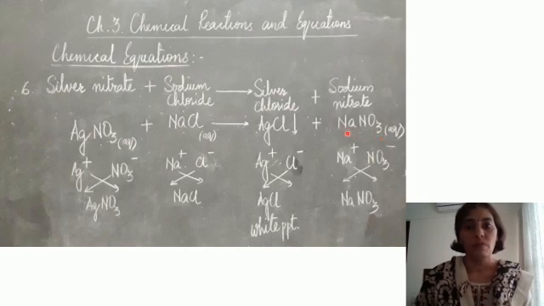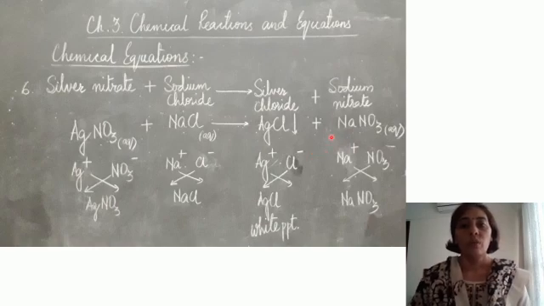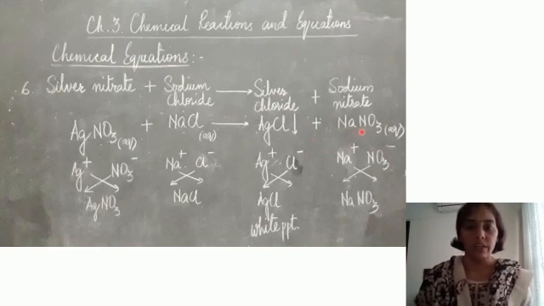Always we will write down the positive radical first. Here we have written silver, it was positive first and negative Cl next. Same way here also sodium and nitrate are there. So sodium is positive, so we'll write down first sodium and then we will write down nitrate, that is NO3. So this is how we can find out what the products are.